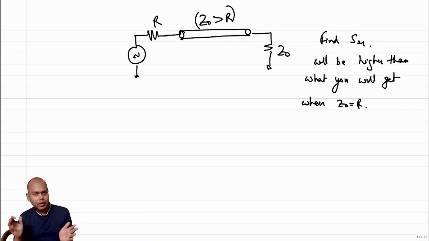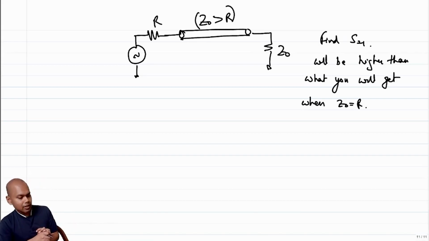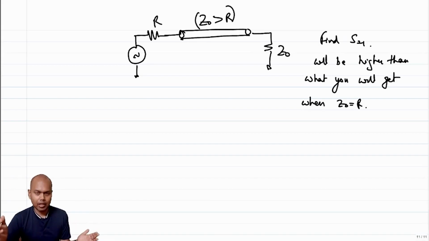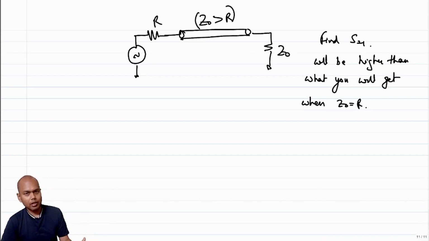S21 essentially is a voltage gain, and it might give you a feeling that you have suddenly got something with a higher gain. You have, but it is not necessarily a good idea because you have done it while sacrificing the input match.